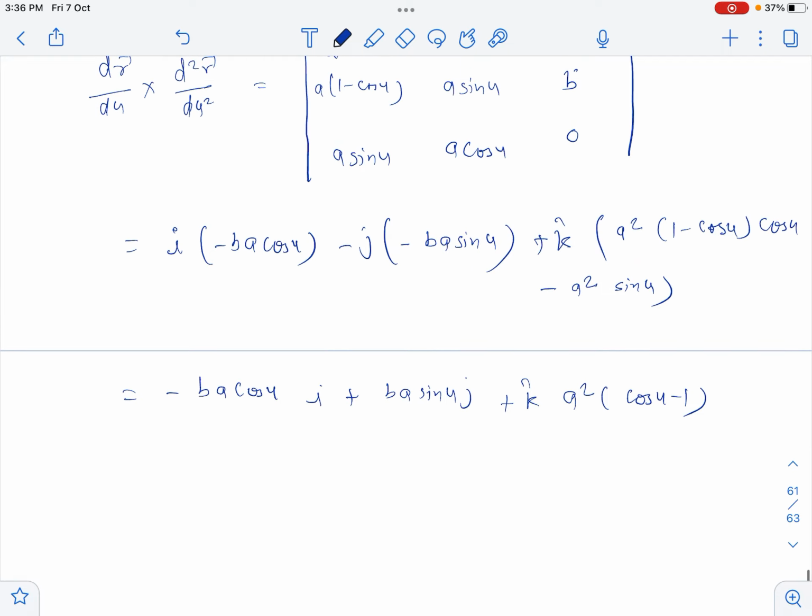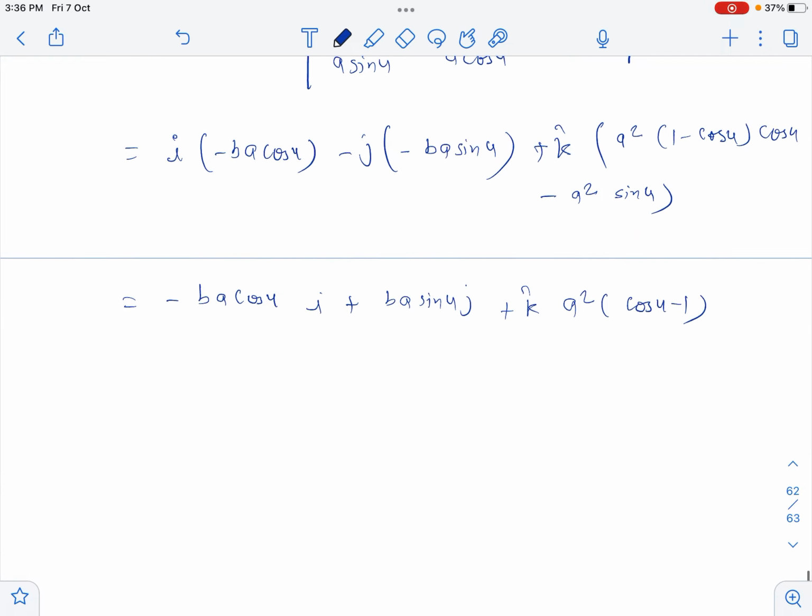Now let us find the modulus of this product, because in the formula of curvature we need this.